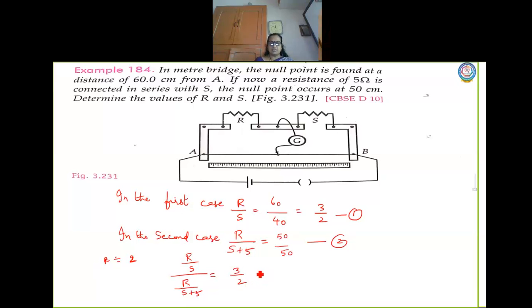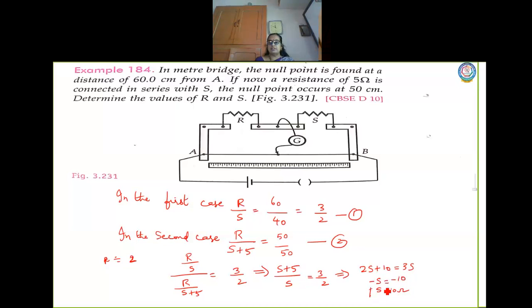So when I simplify this, I have (S plus 5) by S equal to 3 by 2. Now when I simplify this, I will get 2S plus 10 equal to 3S. So I have minus S is equal to minus 10. So S is equal to 10 ohm.